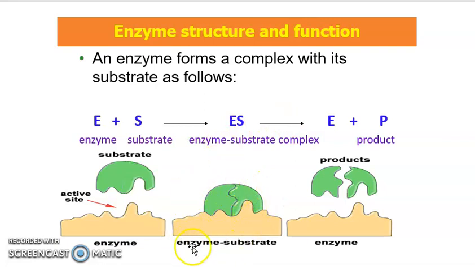Maksudnya dekat sini gabungan di antara enzyme dan juga substrate, so we call this enzyme substrate complex. When the reaction occurs, what happens to the substrate? The substrate will form a product. So this is the product of this reaction.